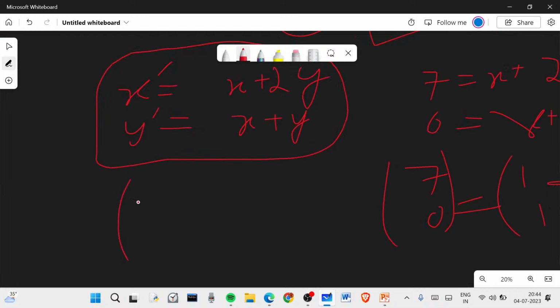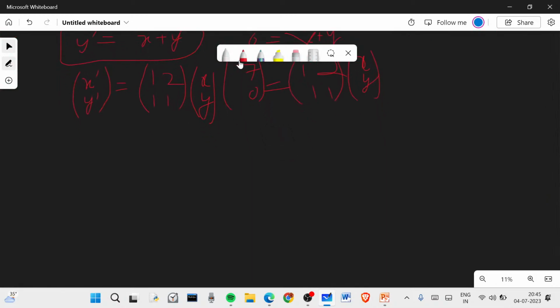So I am trying to make sense in a similar way. I would write (x', y') equals basically [1 2; 1 1] times (x, y). Let's say this is the x vector or x matrix precisely, so this is x', and Ax = x' is our thing.